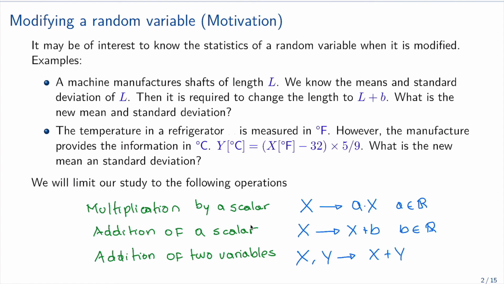Multiplication by a scalar. So we have x, and we are multiplying by a, which is a real number. Addition of a scalar. We have x, and we are to add another scalar. And addition of two variables. We have x and y random variables, and we want x plus y.